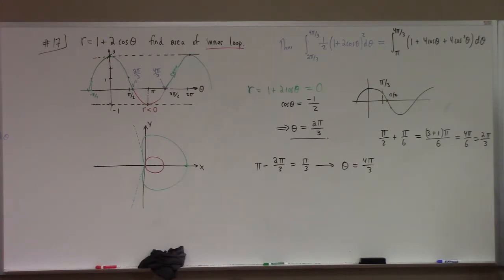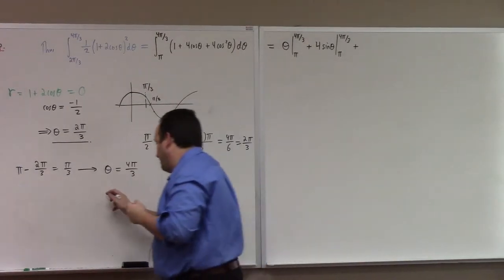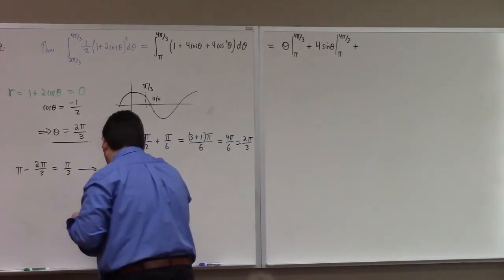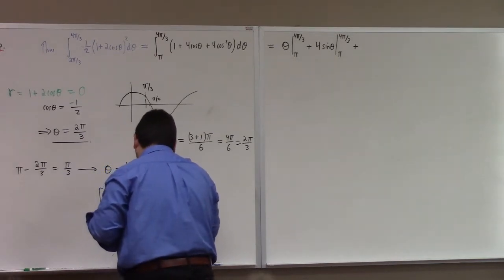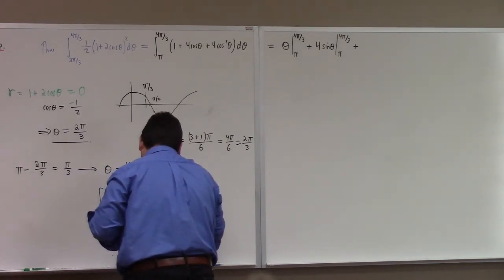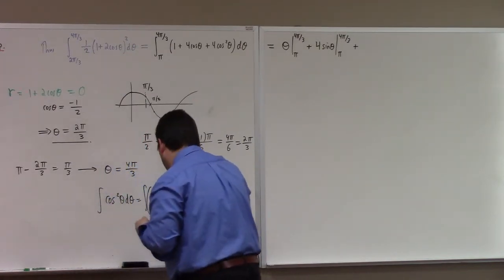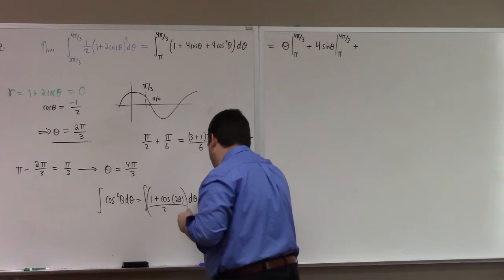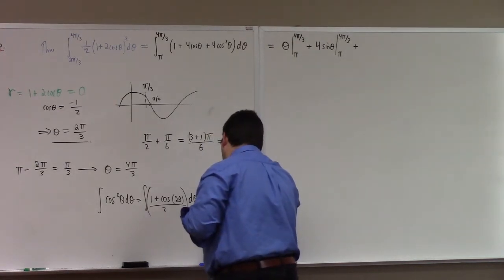plus, now what's the integral of cosine squared? Right? So it's theta over 2 plus 1/4 sine 2 theta.